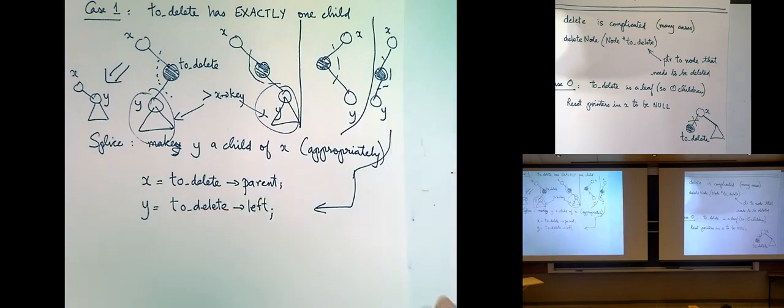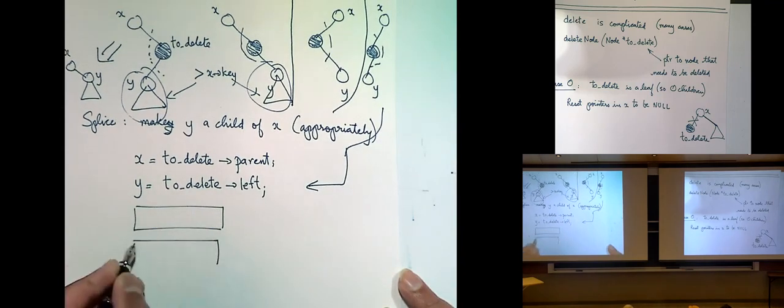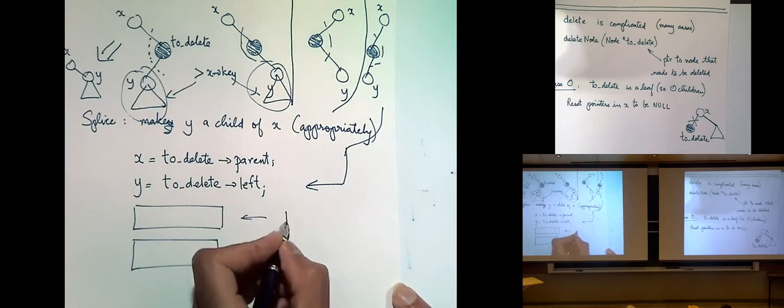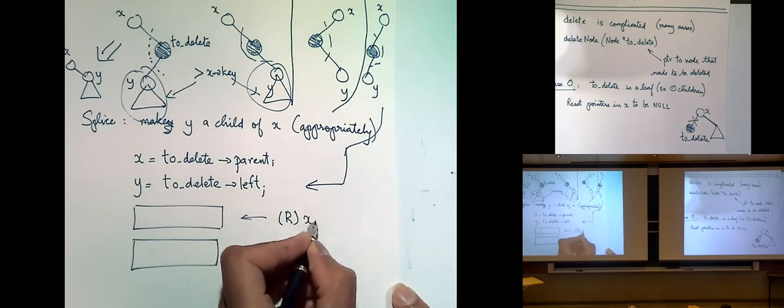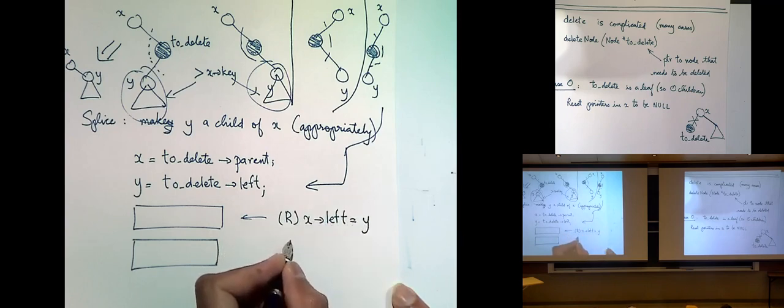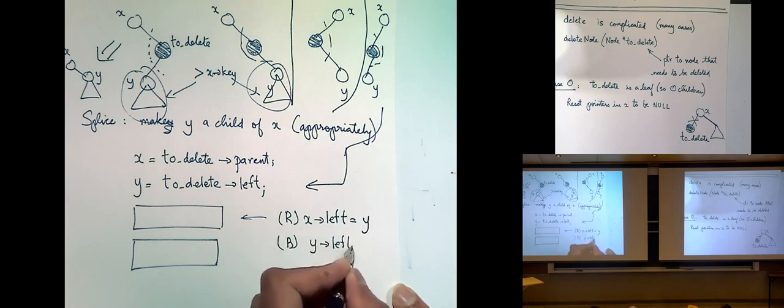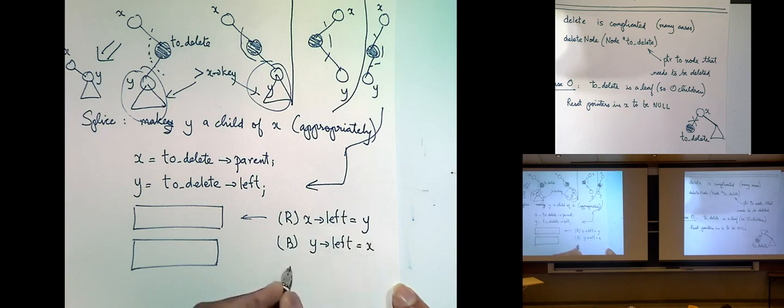All right, so now there are 2 lines of code that need to be done. So what are the options for this? X arrow left is equal to Y. Y arrow left is equal to X, or X arrow right is equal to Y. Right?